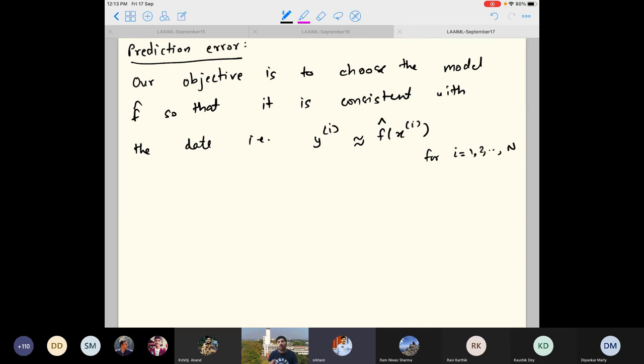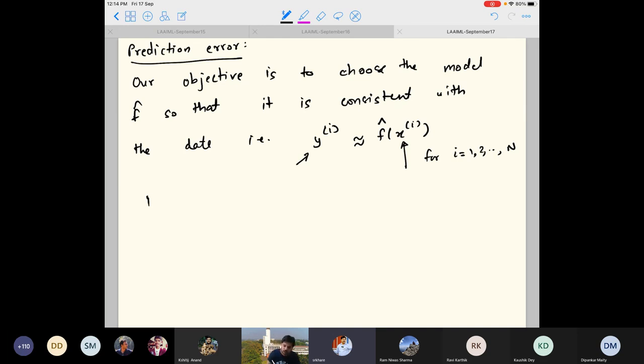Correct? So on all the n data points that we have, f hat should be such that yi, the observed value of the response variable, is approximately equal to f hat evaluated at xi, the input or independent variables given to us. That is the requirement that we have, right?